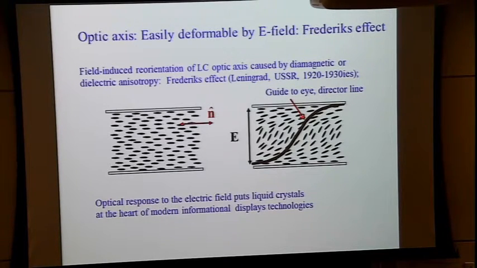You attach it to the generator and you get the electric field. The molecules, if they have epsilon parallel larger than epsilon perpendicular, would try to realign to be parallel to the electric field. The only thing that is not happy about it is the surface interaction at the top and the bottom boundary, because that interaction is such that the molecules are preferably parallel to the boundary.